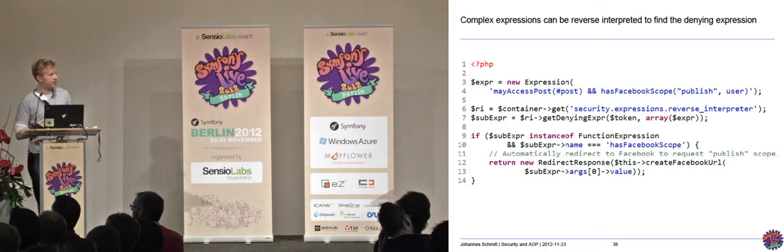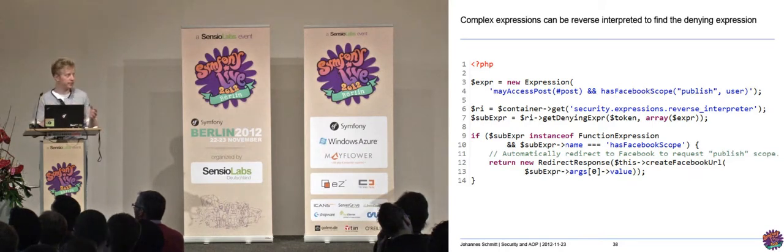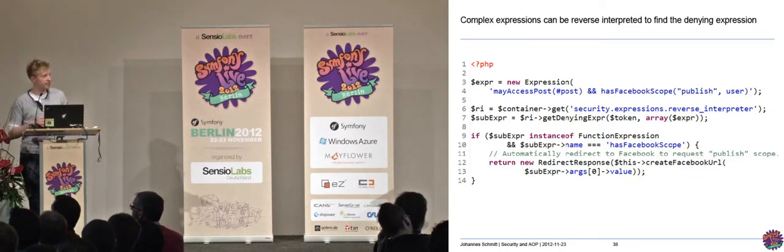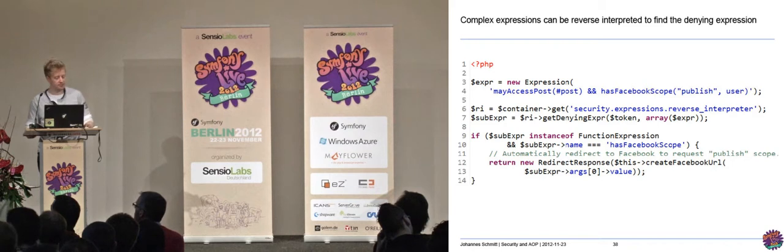It's also possible, often you have the need to find out why access was denied, if access is denied, and perform certain actions. In that case, for example, we want to check if the user already has granted us a certain Facebook permission, and if the expression fails because he hasn't granted us that permission, we want to redirect the user to Facebook so that he can grant us that permission.